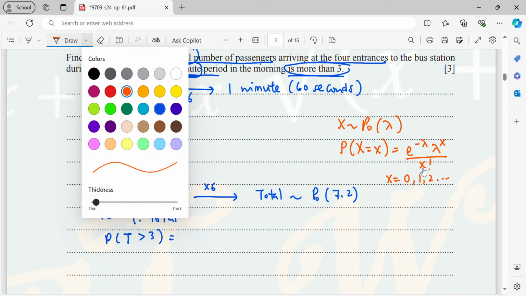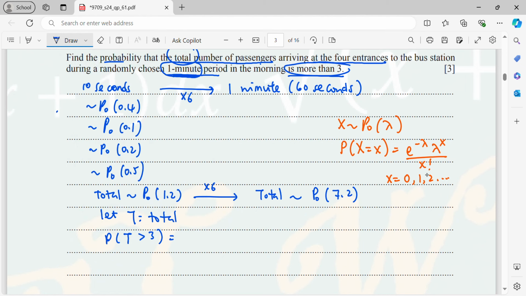So when T is greater than 3, it means from 4 onwards until infinity. So I will use 1 minus all previous probabilities, that is probability T equals 0 until 3, because more than 3 means 4 onwards. So 1 minus all previous T values.